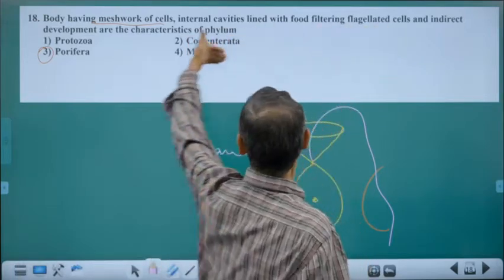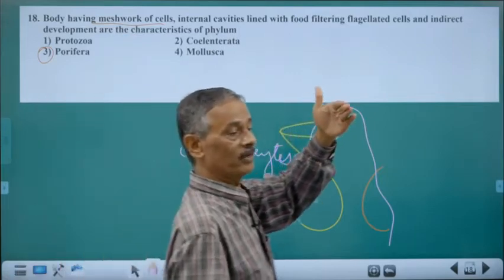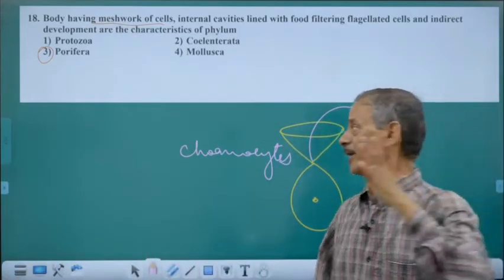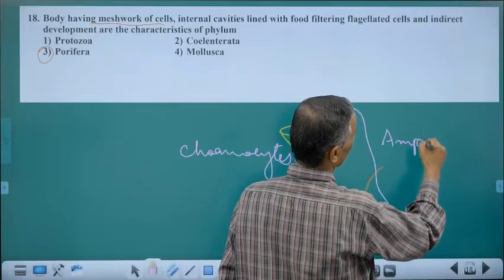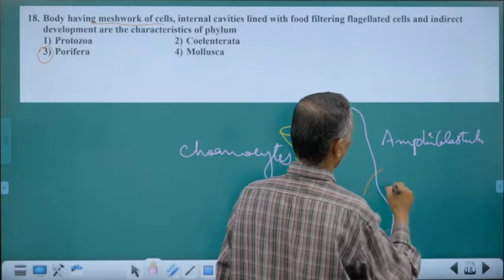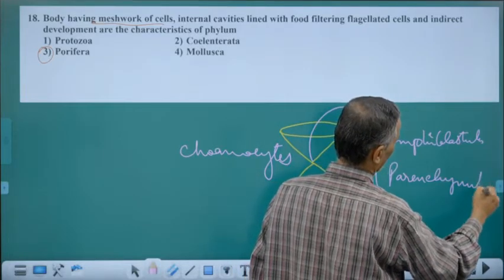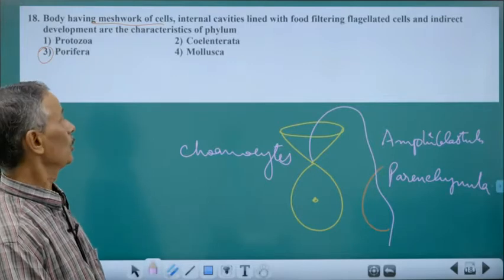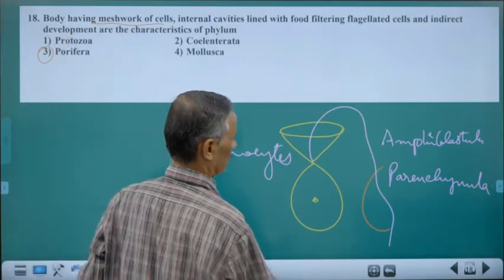With indirect development, larva stage. We are having 2 types of larvae, like amphiblastula and parenchymula. These are the two types of larvae that are seen in Porifera. So the answer is very clear, Porifera.